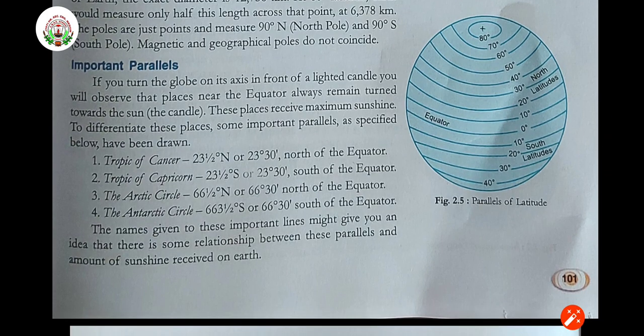Now important parallels. If you turn the globe on its axis in front of a lighted candle, right, it is being imagined to put the candle in between and put the globe in front of that one. You will observe that places near the equator, in front of the candle, always remain turned towards the sun, right?